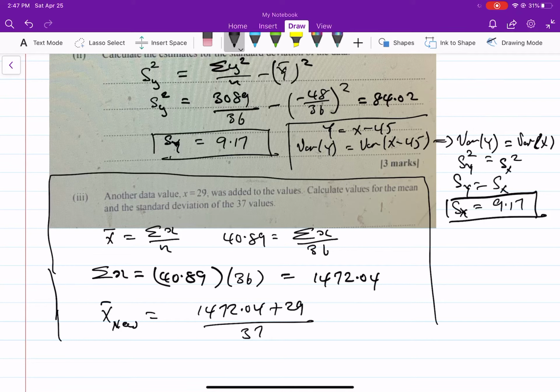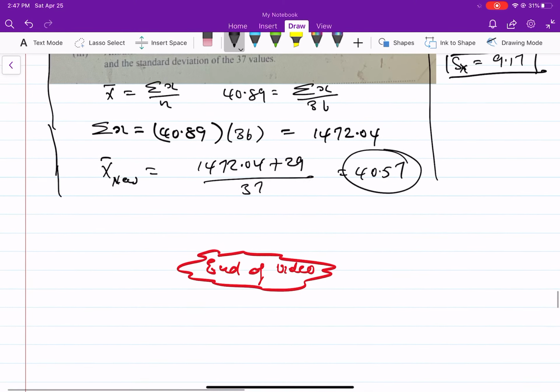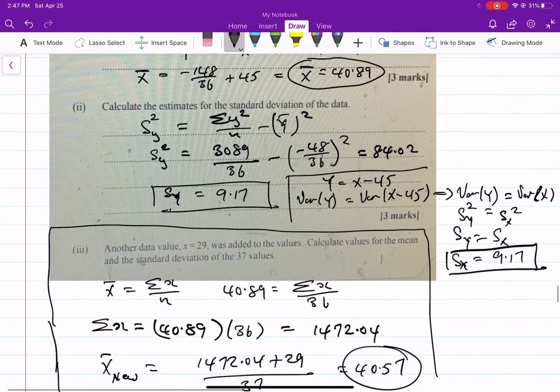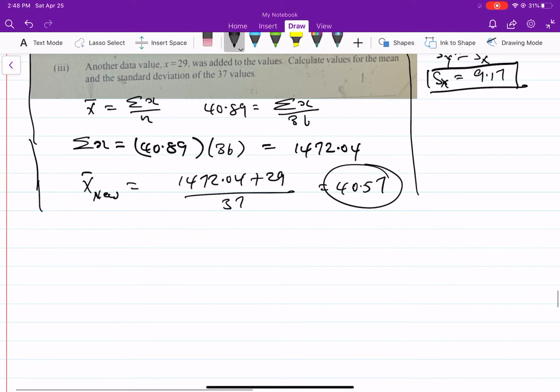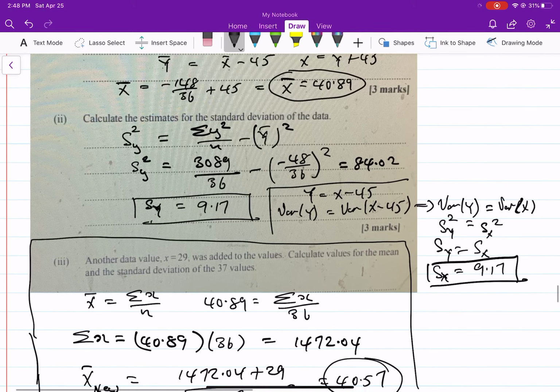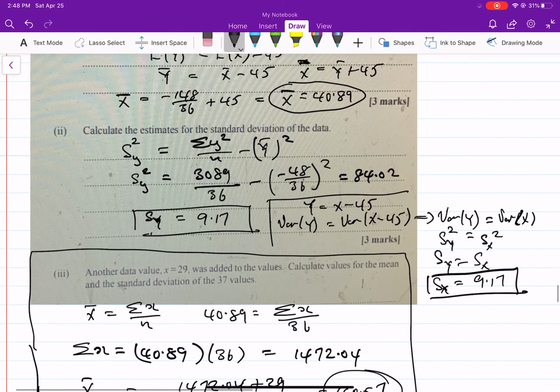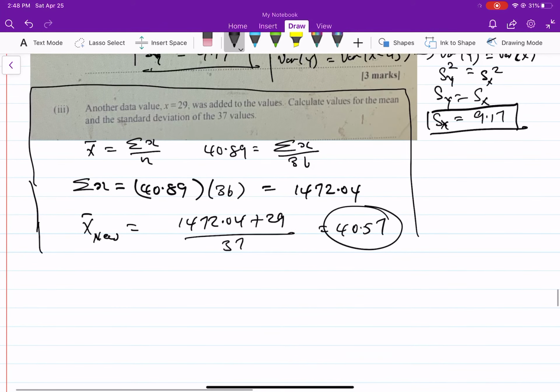And you get 40.57. And you would expect the mean to go down because the old mean was 40.89. You added a value that is less than the average. So it makes sense that the mean went down.